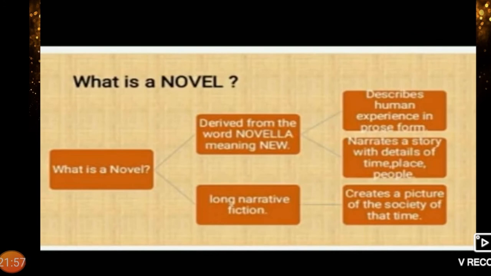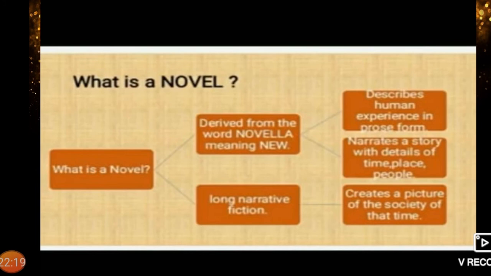Already we have seen the novel. What is a novel? Novel is derived from the word novella. Novella is an Italian word which means new. Novel is a long narrative fiction which describes human experience in prose form.